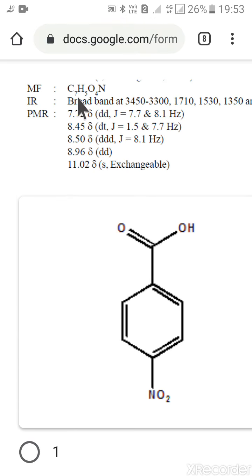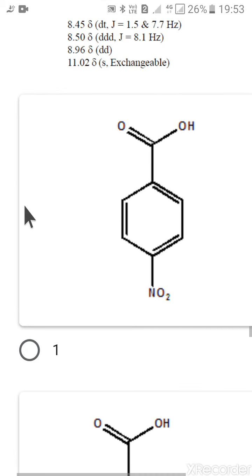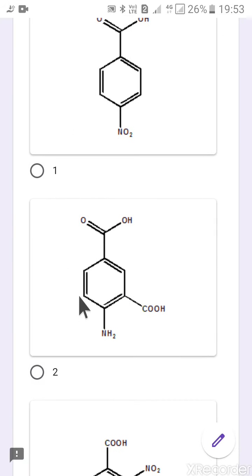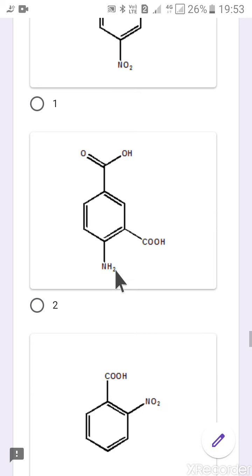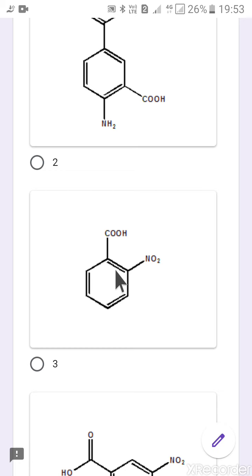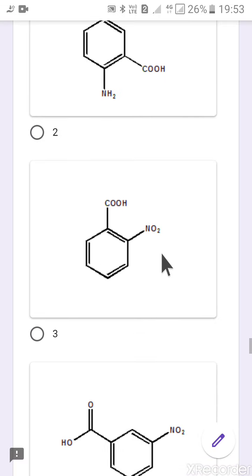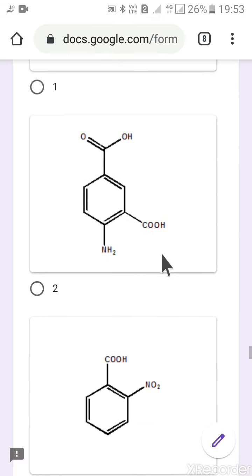We have 4 different kinds of protons, so let's rule out the first option. Second, we have only 3 protons in PMR, but we need 4 different protons in the aromatic region. The third and fourth options have 4 different kinds of protons. So which one among these is the correct option?